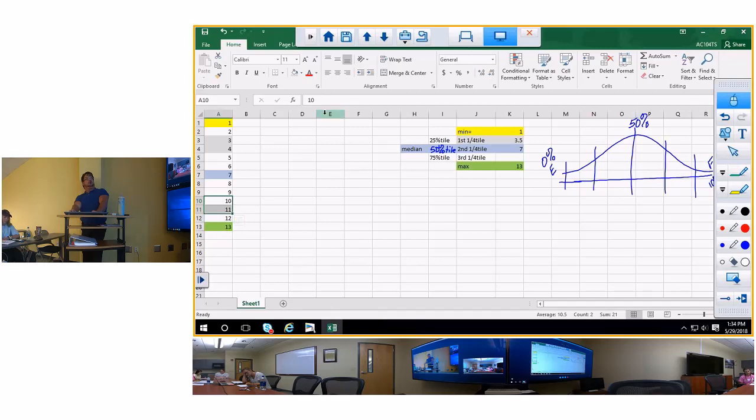And we're going to color those aqua. 4 to 10. Now you got to count the numbers above the second quartile. How many numbers are above the second quartile? 1, 2, 3, 4, 5, 6.